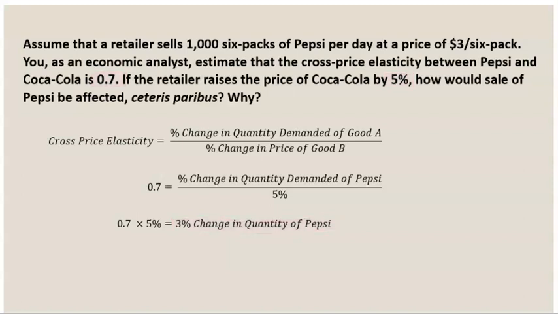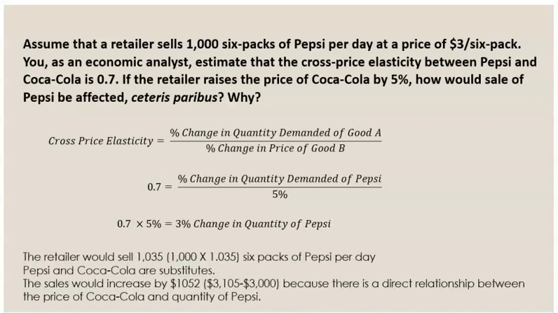So what does this do for us? Then you could calculate that the retailer would sell 1,035 six-packs of Pepsi per day, and that is because Pepsi and Coca-Cola are substitutes.